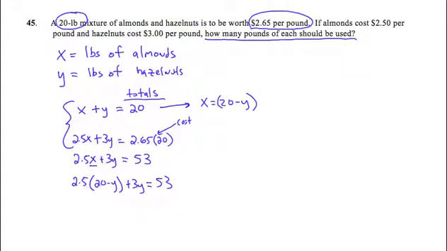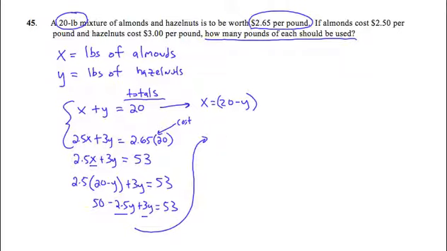2.5 times 20 will give me 50, minus 2.5y. Okay, I'm going to combine my negative 2.5y and my 3y there. Let's come up over here to finish this.